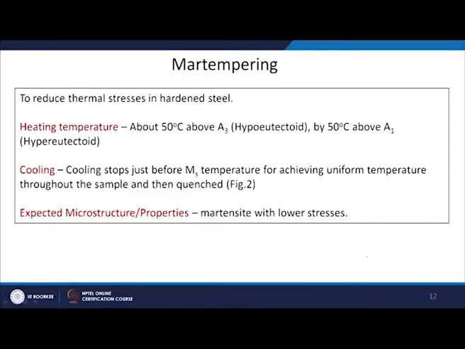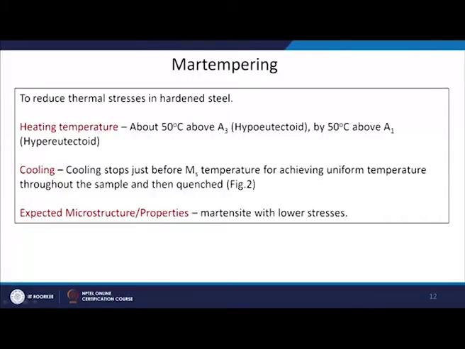You can have water quenching also, but to reduce thermal stresses we can be smart enough and use a trick. That is what we do in Marr tempering. I will show what we mean by that.